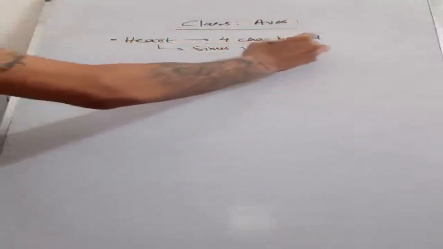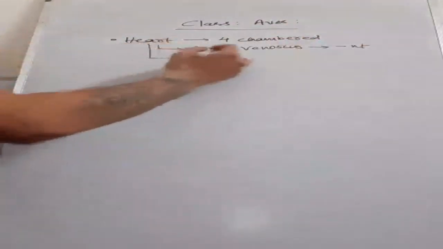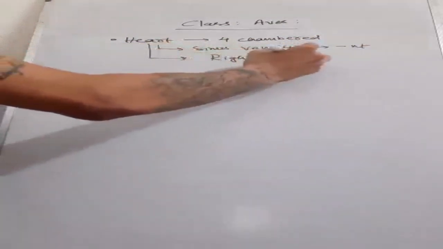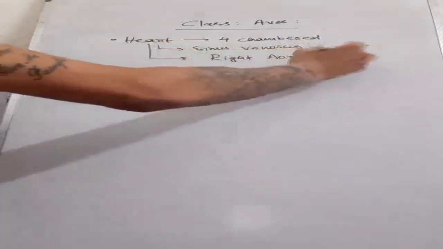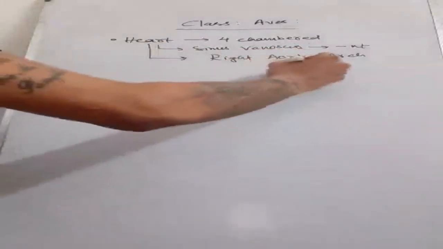Yesterday I told you what sinus venosus is. Sinus venosus is absent, but in place of that they have the right aortic arch. Arch means a bow and arrow shaped organ. Okay? The right aortic arch is present in adults.